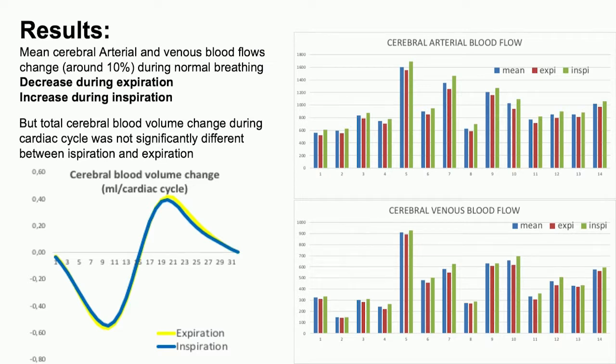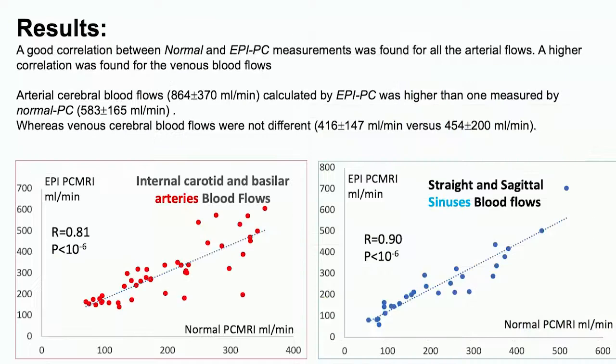This little curve shows the blood volume change, which, if we have access to the CSF oscillation, represents the expansion of the brain that pushes the CSF into the spinal canal. When we compared our mean result with a traditional 2D PCMRI, we found a very good correlation.